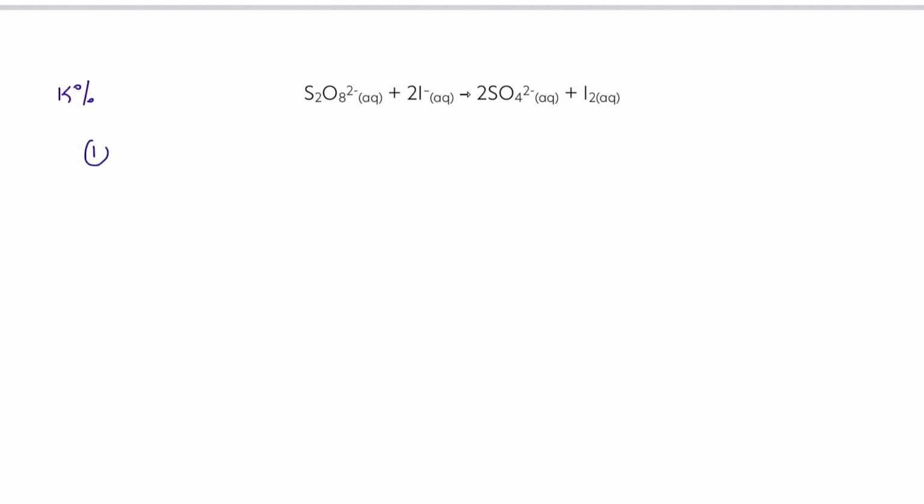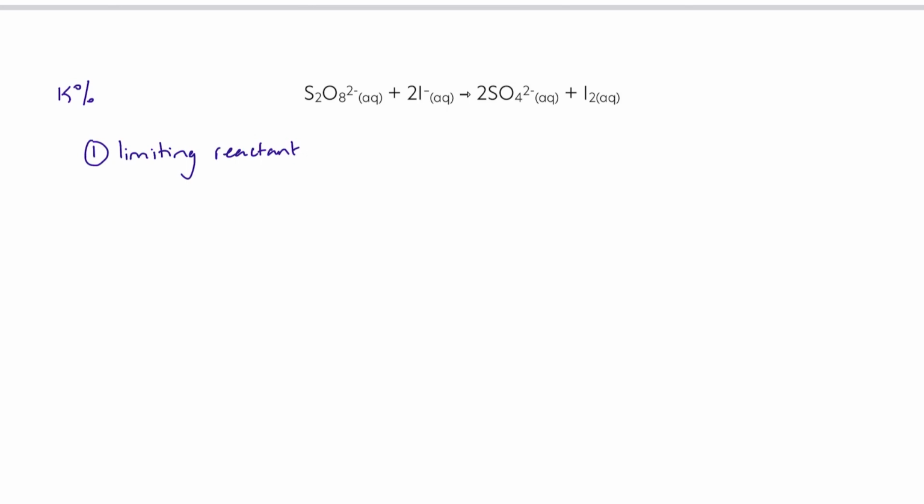Step number 1, we need to determine how much iodine is made in our reaction. In order to do that, I need to know whether the peroxide disulfate ions or the iodide ions are our limiting reactant. So let's start with our peroxide disulfate.